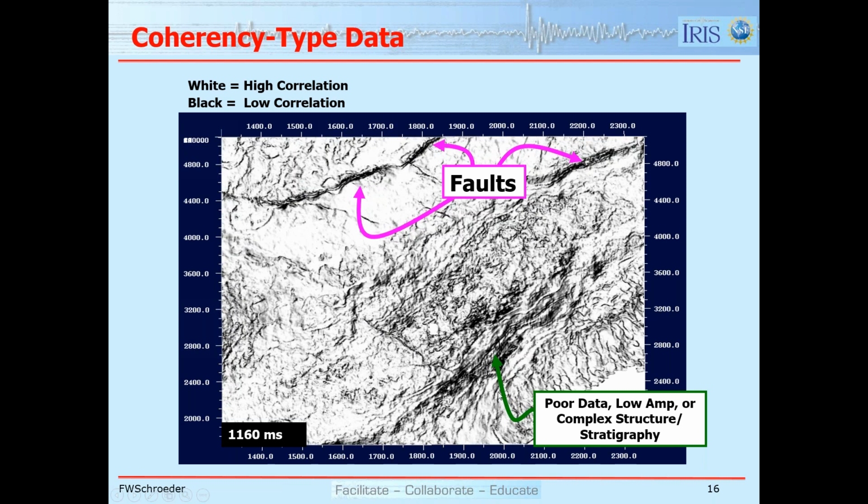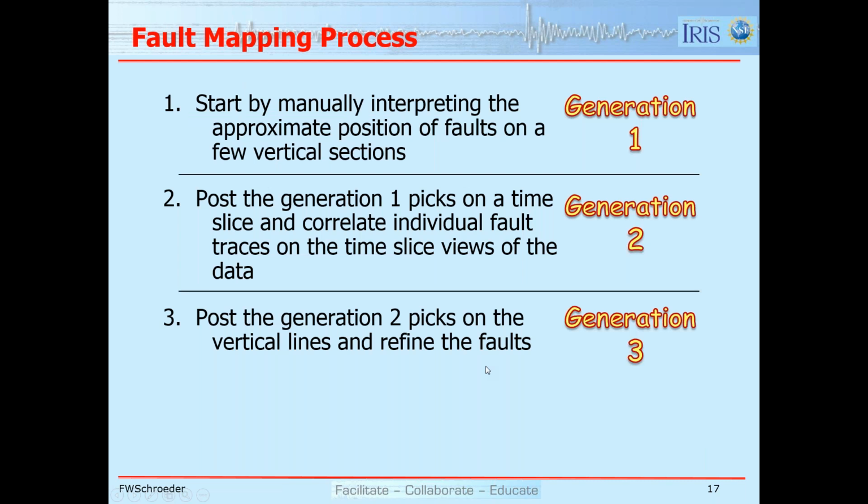There's an area here of darker colors, and that is not due to faulting, but there's a very steep dip here, and so a trace and its neighbor may not be highly correlated because of that dip. Some of the advanced coherency algorithms will take reflection dip into account, and so areas of high dip do not show up as coherency anomalies.